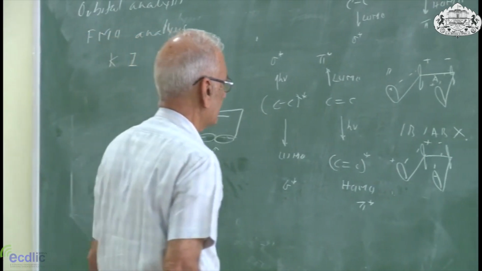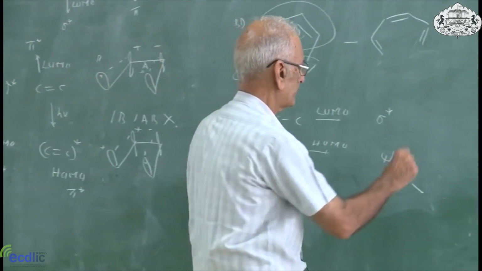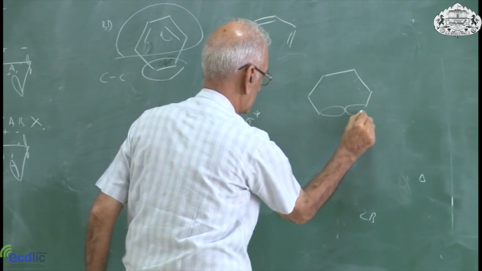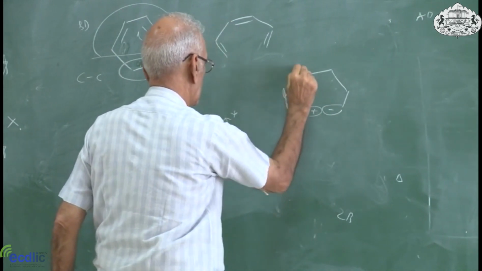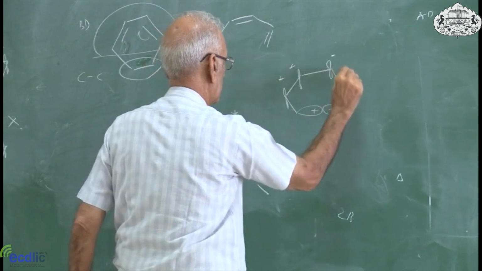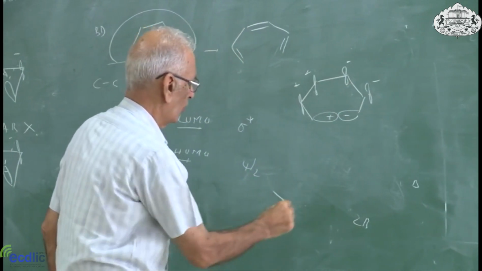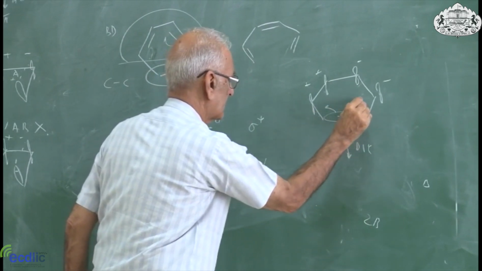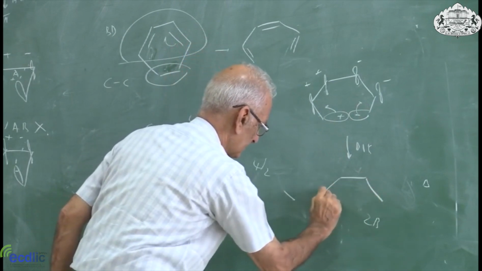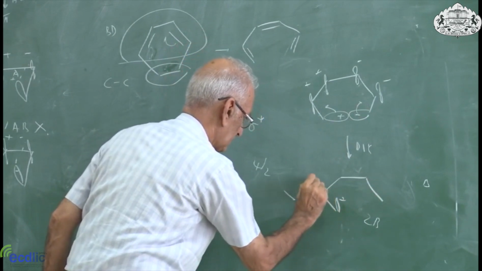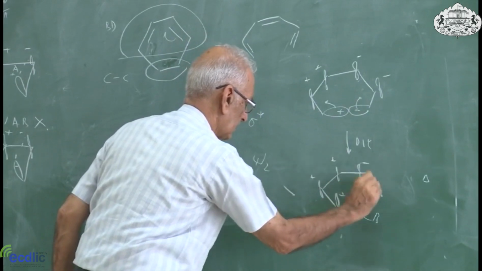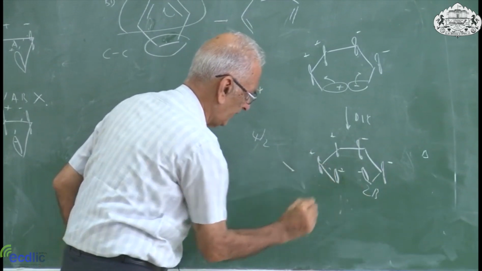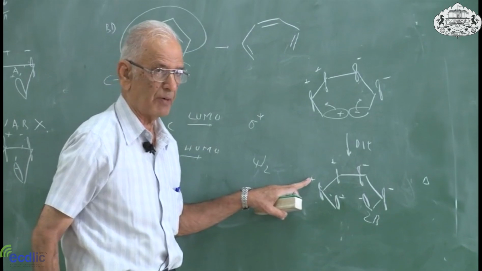So for the thermal reaction, my picture will involve plus plus minus minus. Open it, disrotatory. This will be plus, this will be minus. The new bond, plus and plus, bonding.